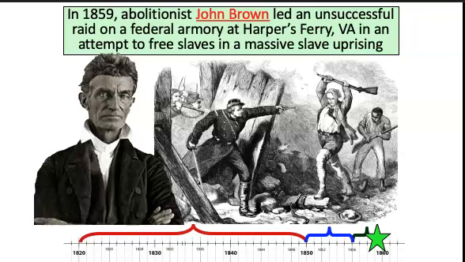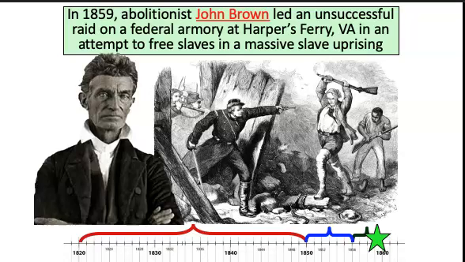His entire idea was to grab this large federal arsenal where we kept U.S. Army guns, and that slaves would hear about his seizing of the arsenal, they would grab the guns, and he would start this massive rebellion in the South, even escaping to fight a guerrilla warfare in the mountains if need be.